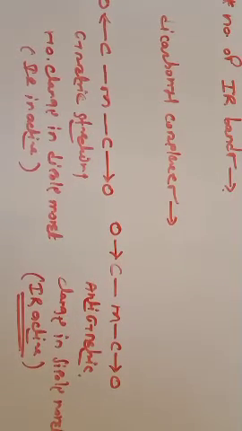So for symmetric stretching, the molecule is IR inactive, and we do not get any IR bands. If you consider the antisymmetric stretching, there is a change in dipole moment, it is IR active, and we get only one band for this antisymmetric stretch.